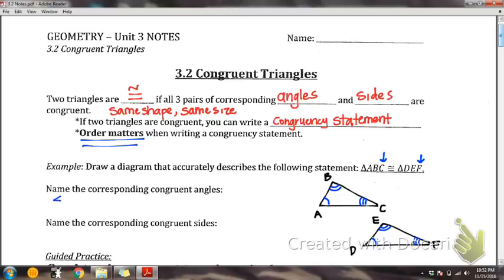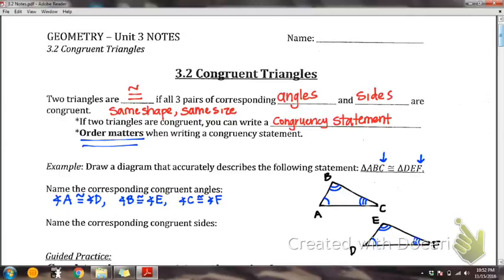So that means angle A, we said, was congruent to angle D. Angle B is congruent to angle E. And angle C is congruent to angle F. So these would be corresponding. Corresponding means A goes with which letter, B goes with which one.